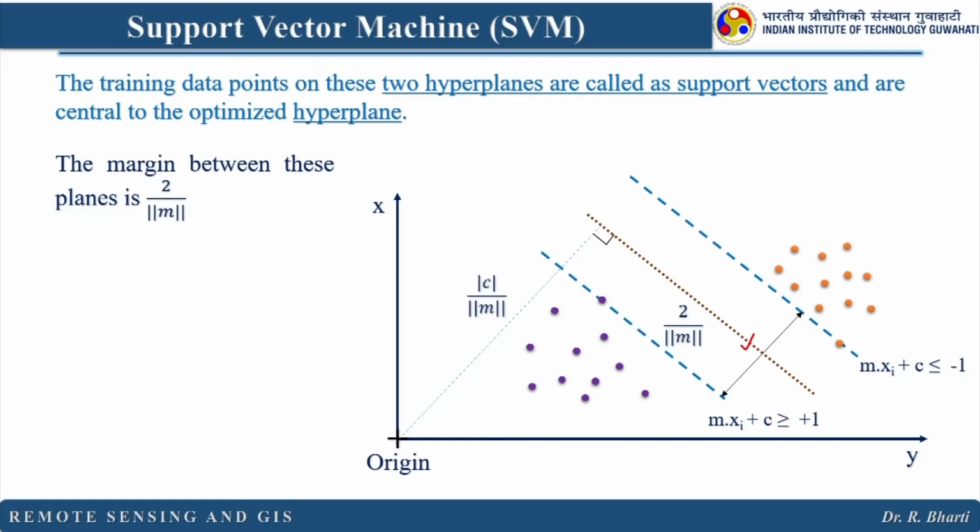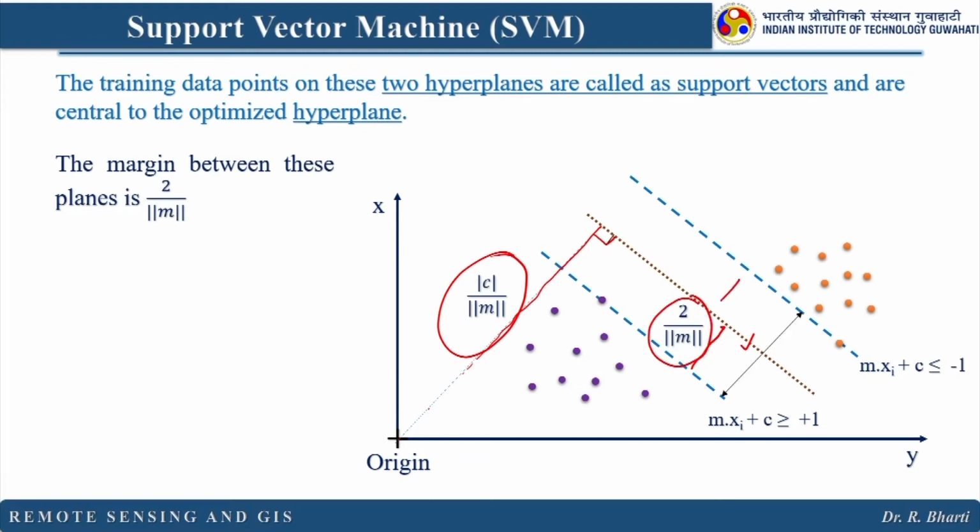If you see from the origin, I have drawn this line, and it meets here. Once we have this perpendicular, the distance will be mod c by norm m, and this is the distance between the hyperplane and these two support vectors. So this is 2 by norm m.